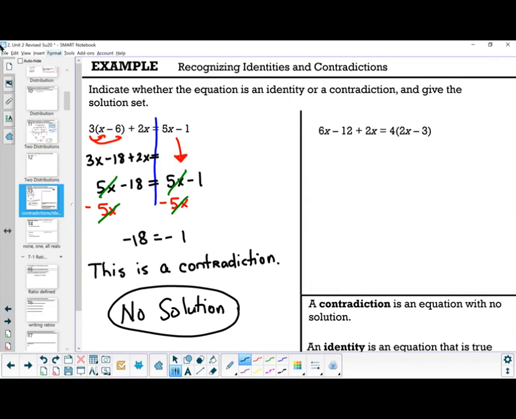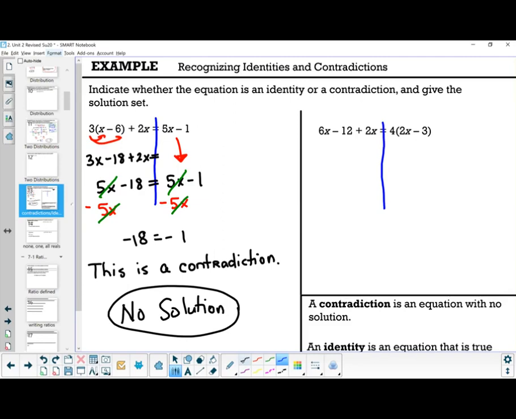All right, so let's take a look at the question on the right here. You have 6x - 12 + 2x equal to 4(2x - 3). As before, I want to first simplify the left side of the equation, then simplify the right side.